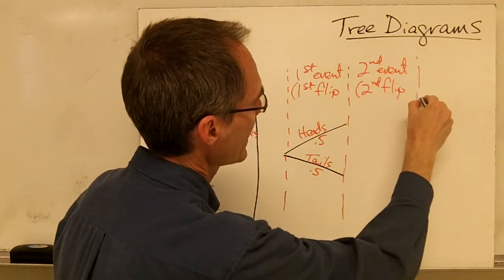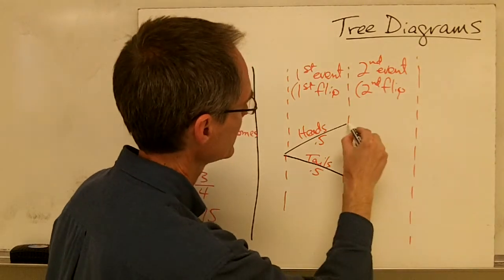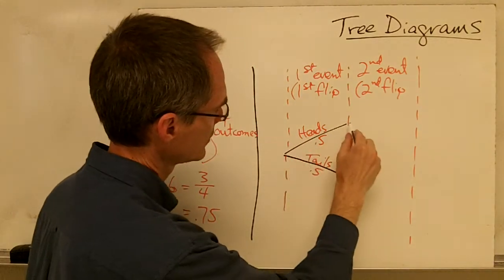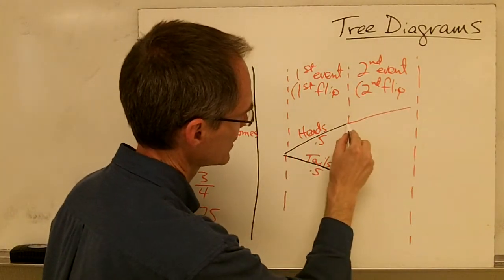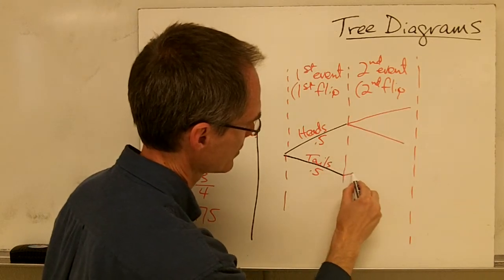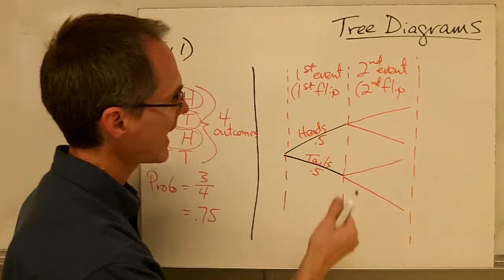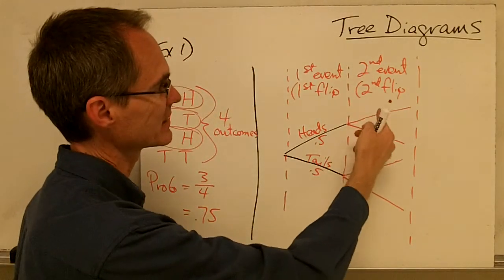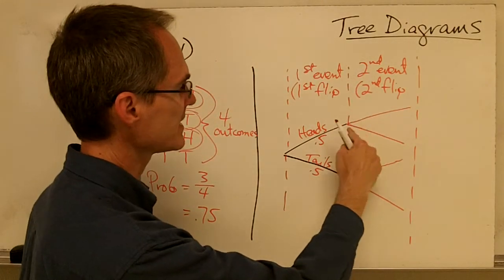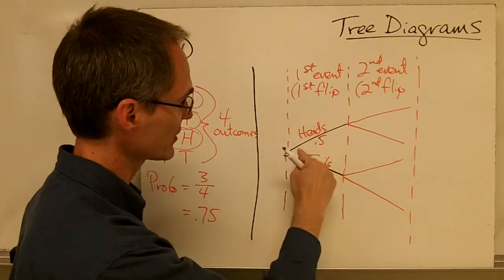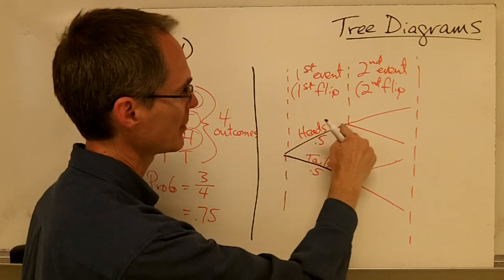And the way I'm going to draw that is I'm just going to add on to these 2 branches here. I'm going to put 2 more branches here and 2 more branches here. And since now I'm talking about my second coin flip, after I've flipped my coin the first time, let's say I get heads on my first flip.